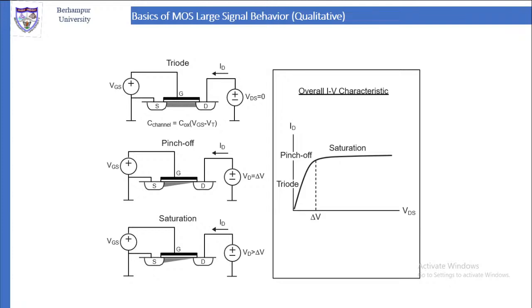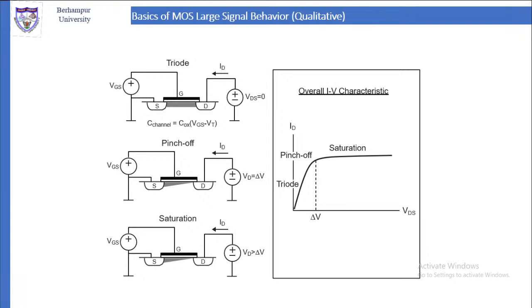Now let us come to the large signal behavior of a MOS transistor. When you consider the behavior or functioning of a transistor, you divide it into two categories. One is small signal, with which you are acquainted from college days.